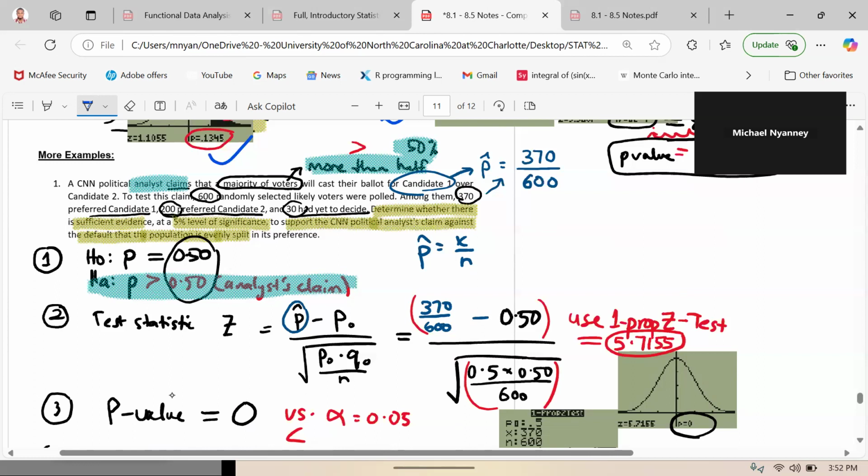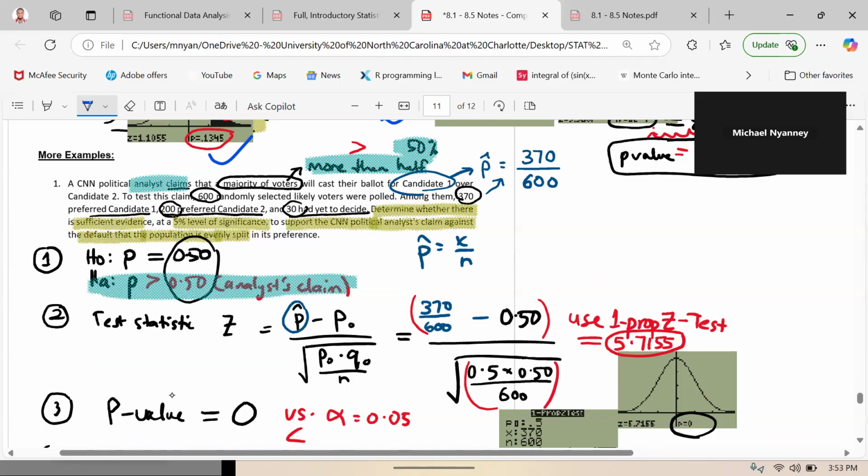From this question, we have our p-value. When we hypothesize, we set it to 0.5. So we took a random sample of 600 likely voters. Among them, 370 preferred candidate 1, 200 preferred candidate 2, and 30 had yet to decide.